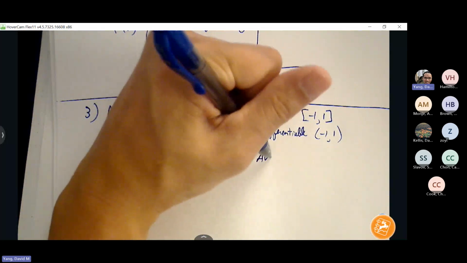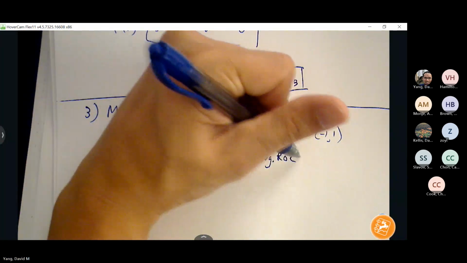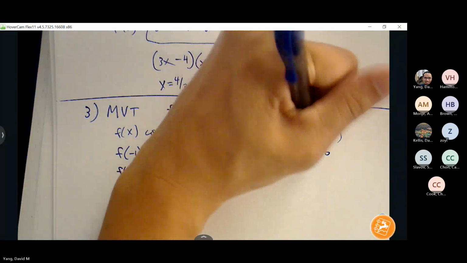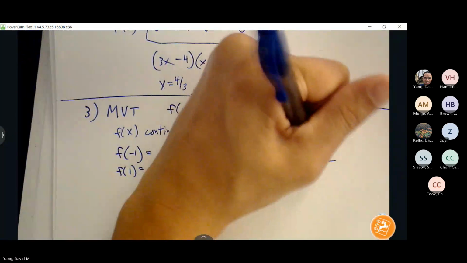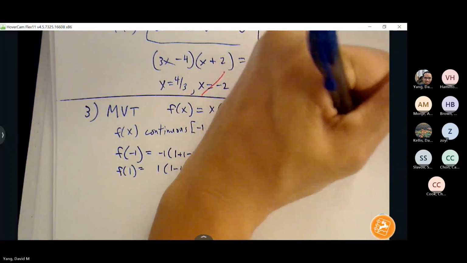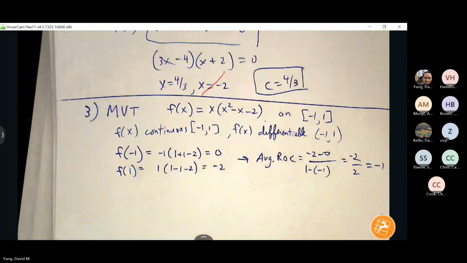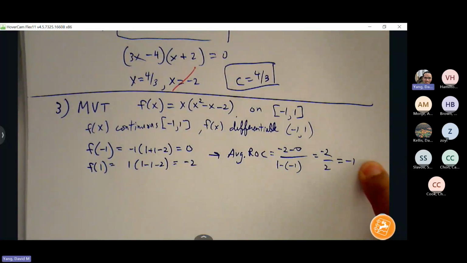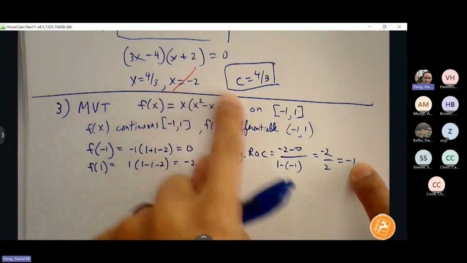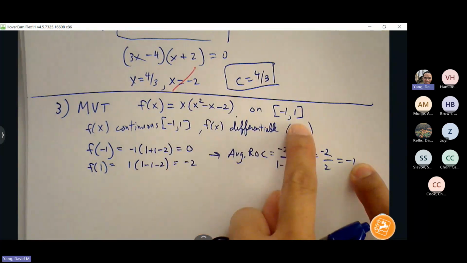So I know that somewhere along my graph, I can guarantee a slope of -1. I'm looking for a slope of -1 somewhere on this function between this interval.